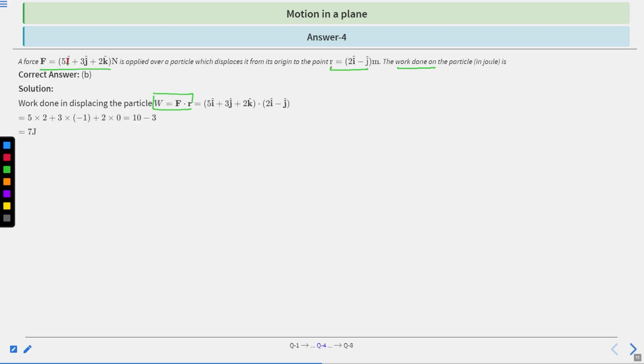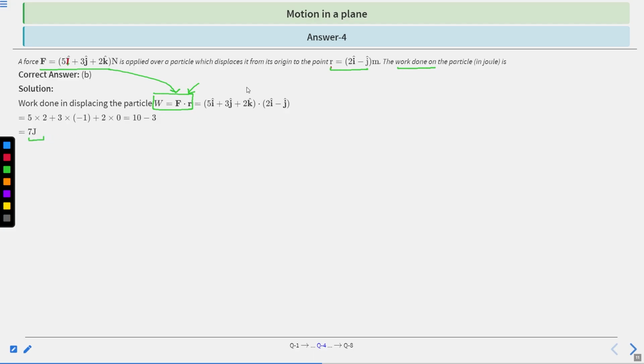Put the given quantities in F and r, and then take the dot product. After the dot product, the answer is 7 joule.